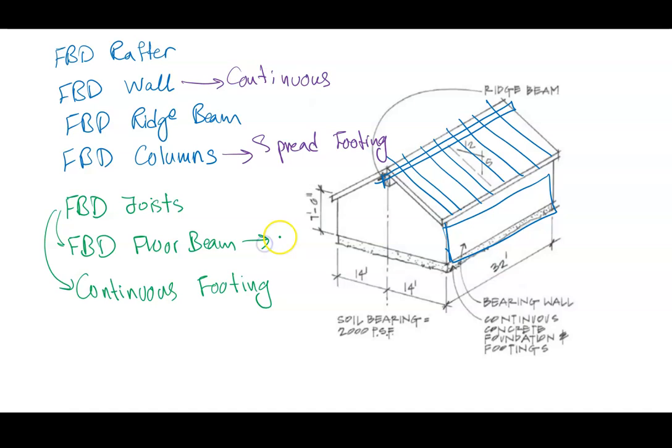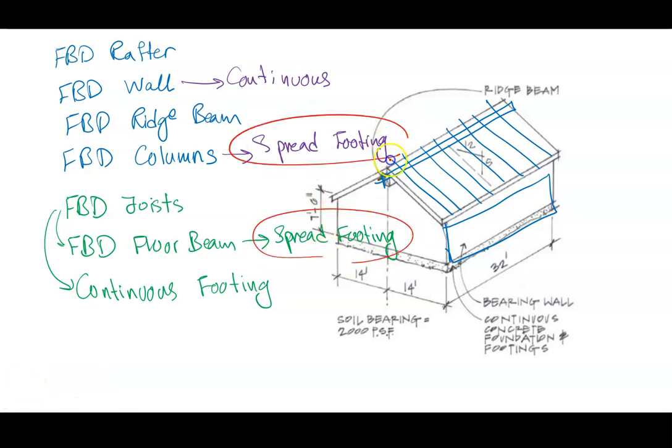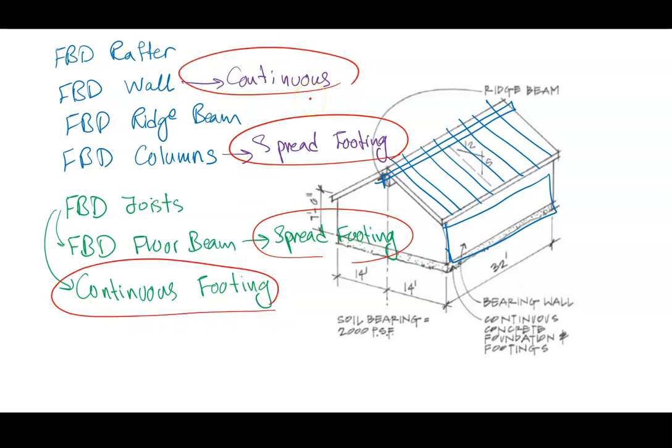And from here it goes to a spread footing. So we add these two together and these two together to find the total load transferred to the continuous footing and a spread footing. And then we were able to design our continuous footing and also our spread footing.